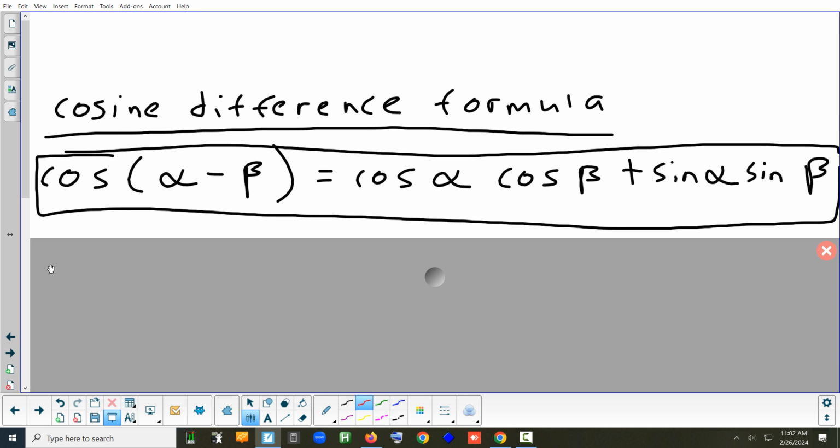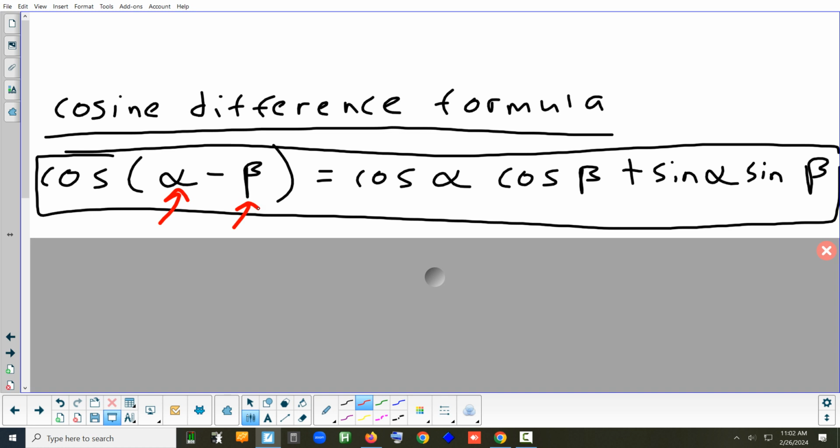Okay, so that's the formula for the cosine of a difference. You can't just distribute the word cosine. But what you can do is this. When I pronounce it, I usually call that the first one, that's alpha, and I call that one the second one, beta.